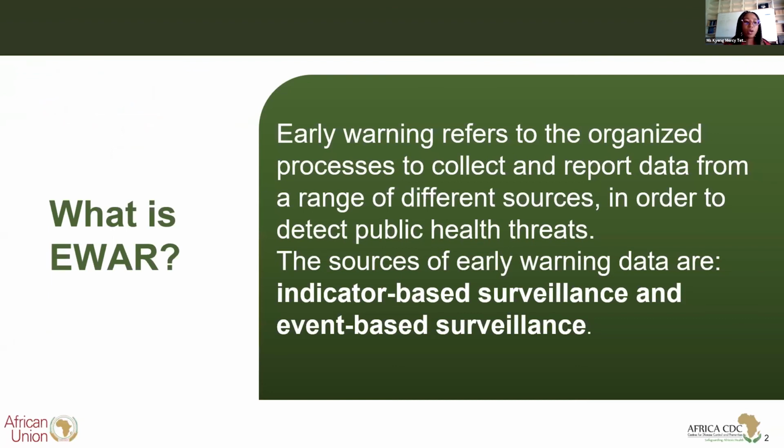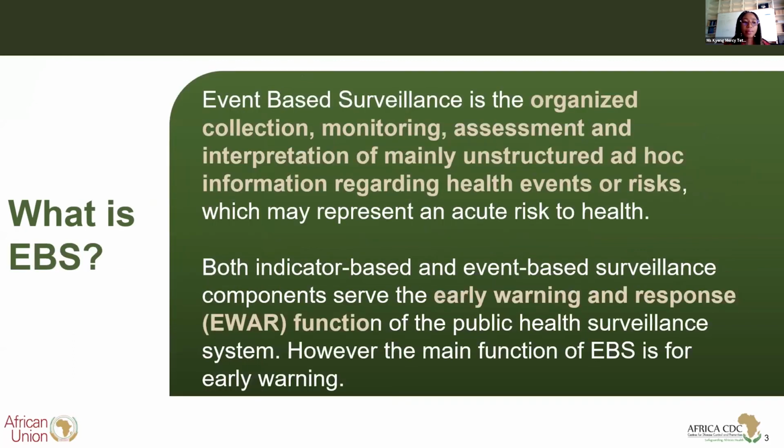So, colleagues, as you can see on the screen, early warning refers to the organized processes to collect and report data from a range of different sources in order to detect public health threats. And these sources are mainly the event-based surveillance sources and the indicator-based surveillance sources. Next slide, please. So event-based surveillance actually is a very critical component of the early warning and response system.